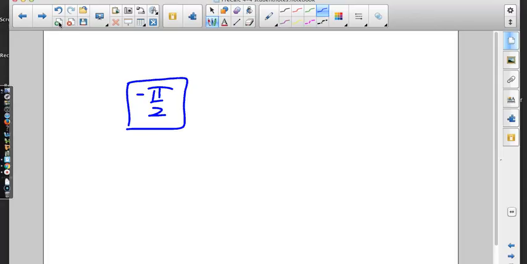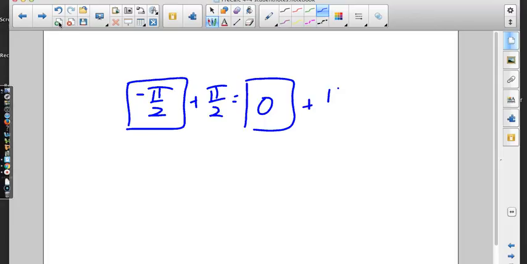So now I start thinking, okay, well, it was the 2 pi divided by 4, which is still pi over 2. So I'm going to have to add a pi over 2 to get to that next position that I have to graph. So negative pi over 2 plus pi over 2 would be 0. And then I have to keep adding that pi over 2 until I get to 3 pi over 2. Well, that's going to be pi over 2.